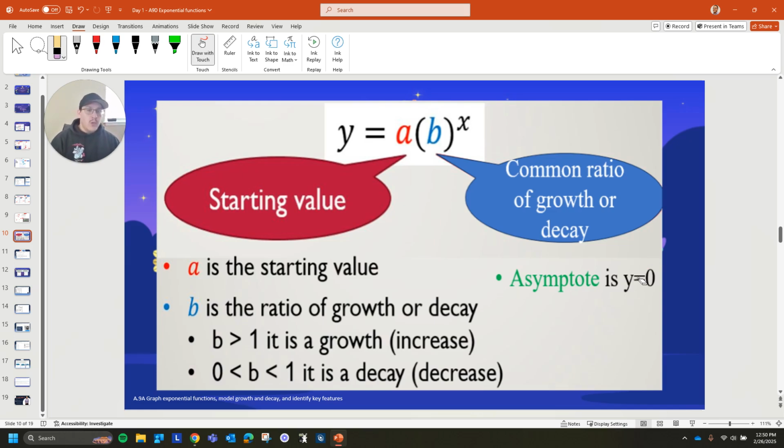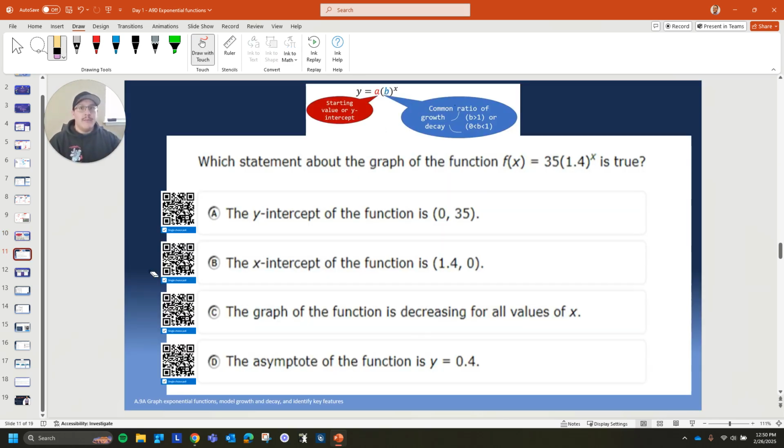Okay, so we're going through these exponential function equations, and we're trying to identify key features and then also how to build these equations from tables that are given to us. So we're trying to look through and identify things from that equation. With that in mind, let's look at another STAAR test problem that you may see.